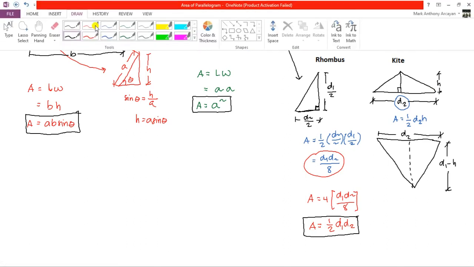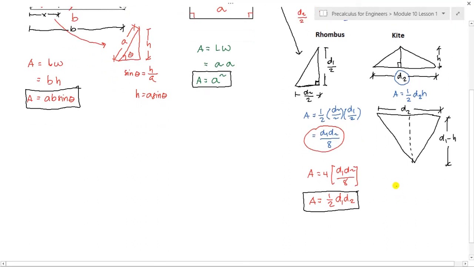So the area here is equal to 1/2 base times height. The base here is D2 gihapon, kani si D2. So put here D2 times the height is D1 minus H. That is D1 minus H. So nanatay area sa duha ka triangle.